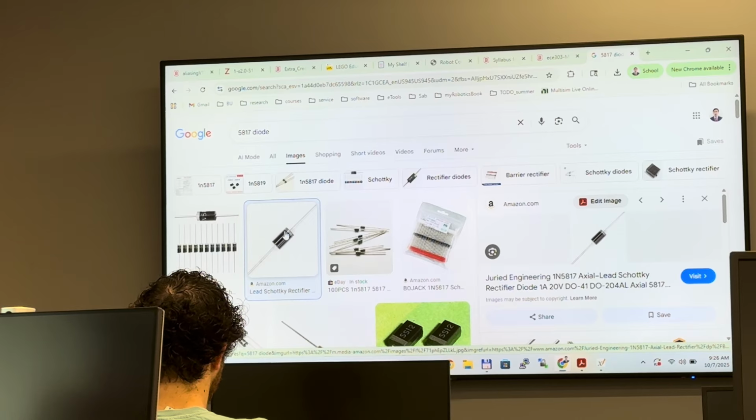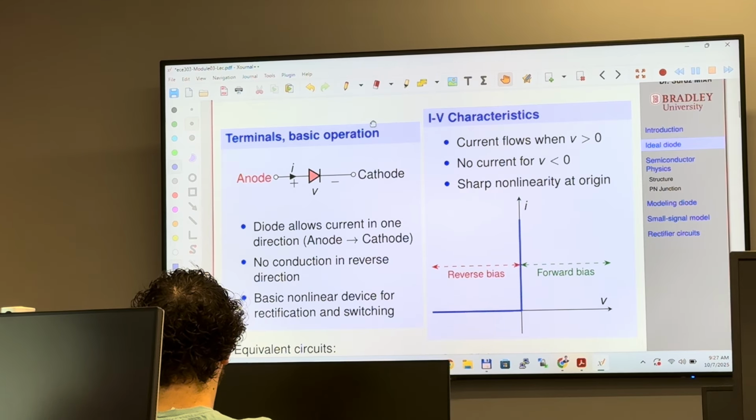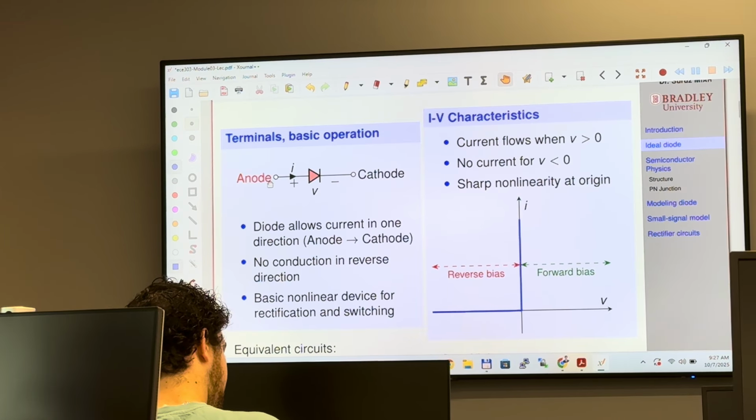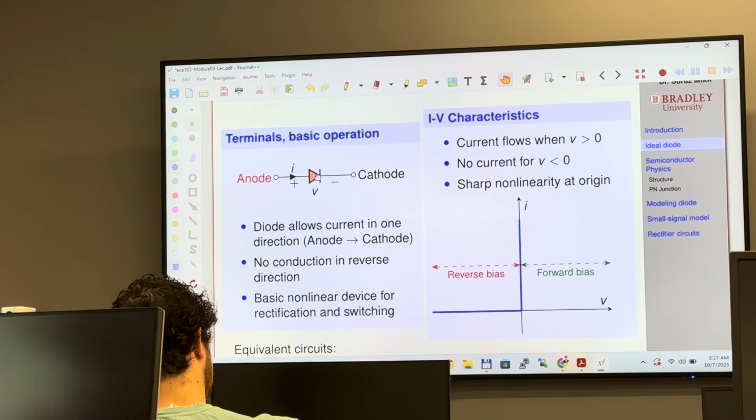Do you see it has a little band on one side, and on the other side you do not see any band. This band side is called the cathode side, and the side without the band is the anode side. And this is basically just the symbol.